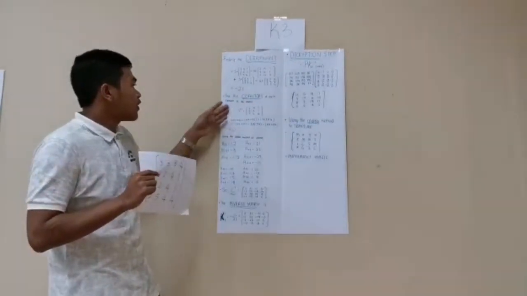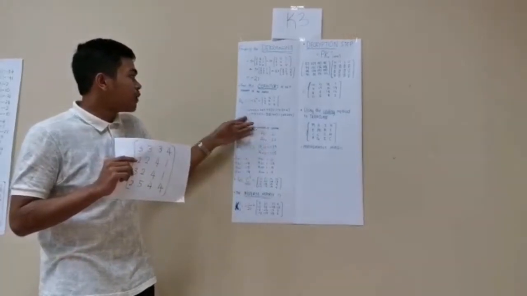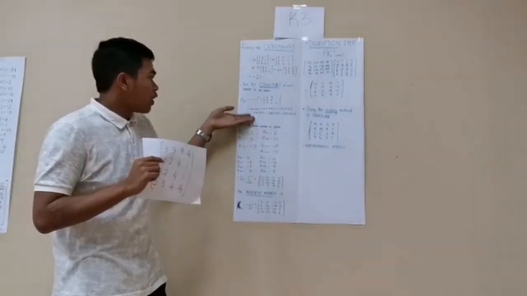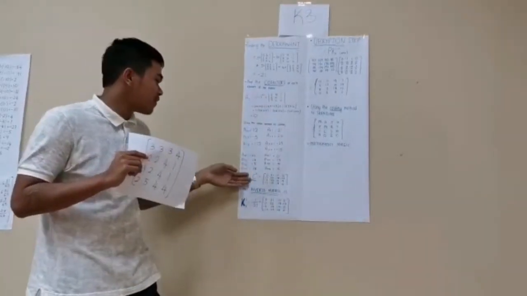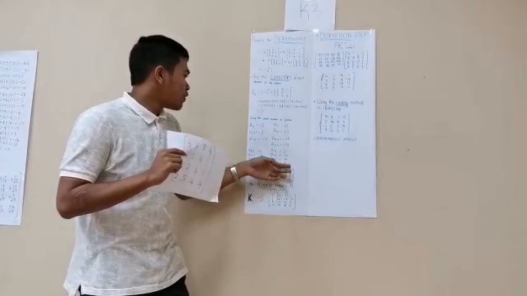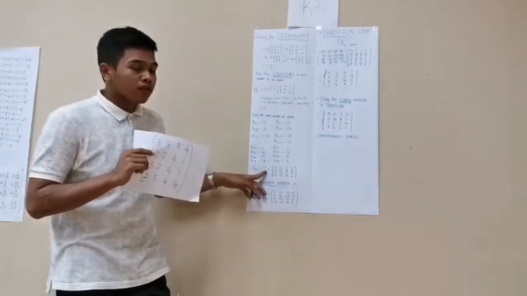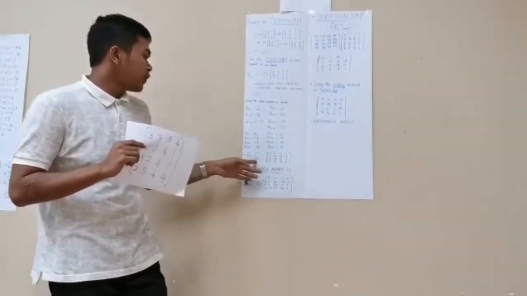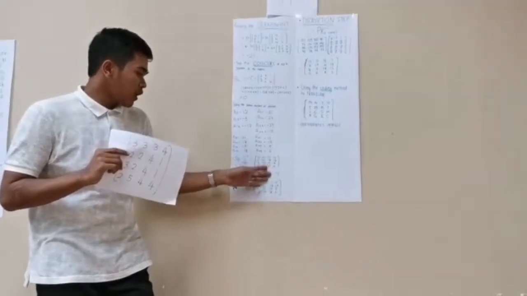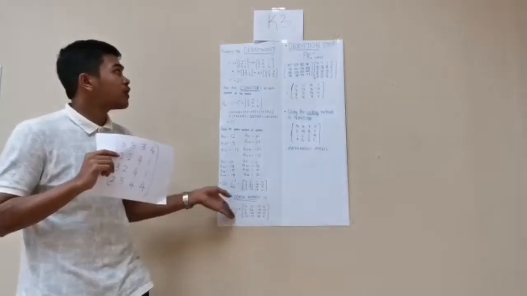For example, I will use the first row and first column element, so I will get 0. Using the same method as above, I will get all these elements, which we call the cofactor. But we must transpose it, so I will get this matrix. After we find the cofactor and transpose it, we will get the inverse for the matrix.